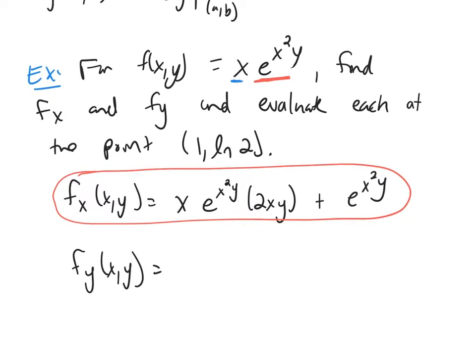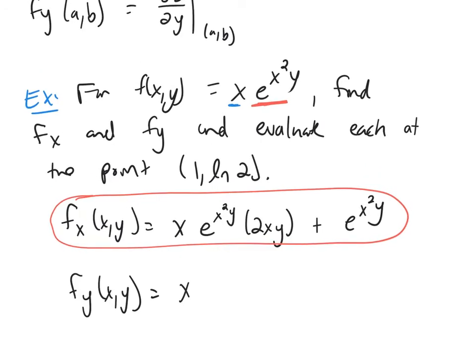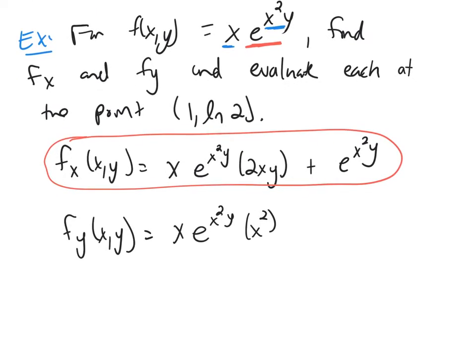And the derivative will be x times the derivative of e to the x squared y, which is e to the x squared y, but now I need the derivative of the power with respect to y, which is just x squared. Okay, so if I simplify that, fy would be x cubed e to the x squared y.